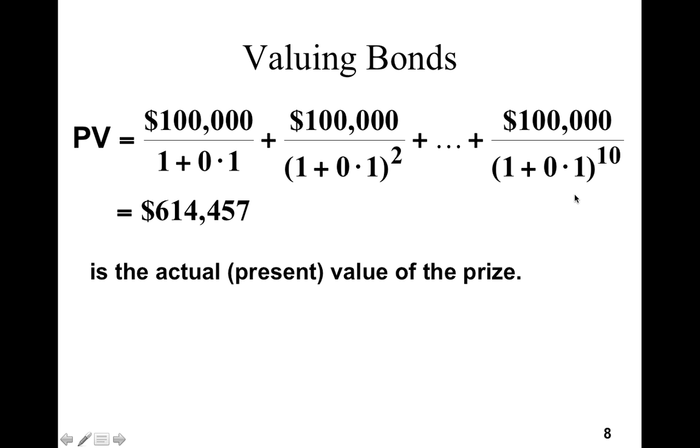In the world of uncertainty, this would not be known today, and therefore you will have to use expected values of the rate of return over a period of time. But for now, this is the world of certainty, and therefore we can easily add and calculate the present value.